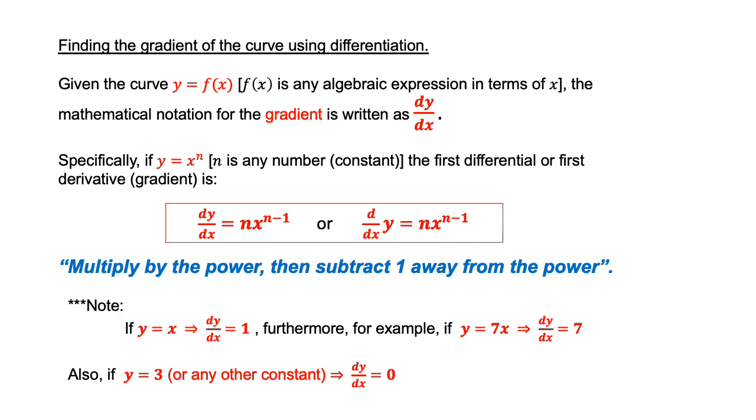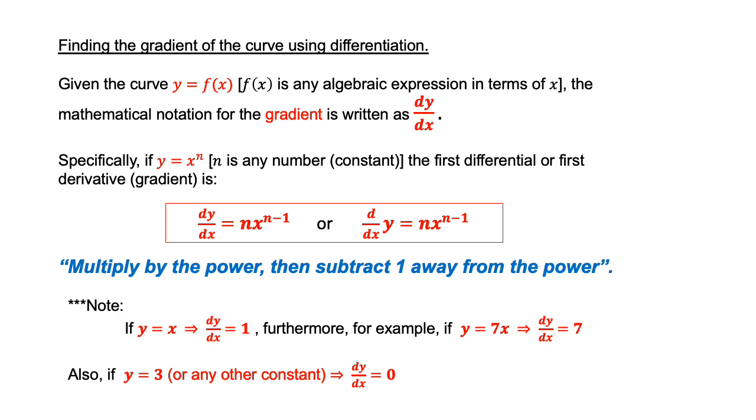Now, specifically, just to look at certain ones, if I have, for example, the line y equals x, you know what the line y equals x looks like. It's just a diagonal line that cuts through the origin, and it's at 45 degrees from the x-axis. So for every 1 unit you go across, you go 1 unit up.